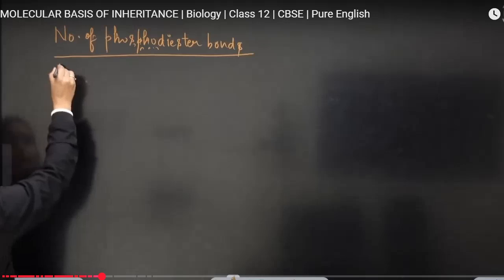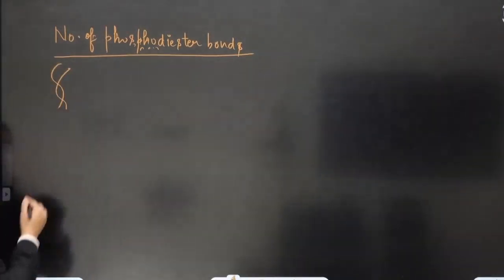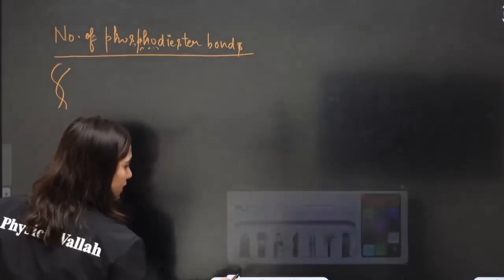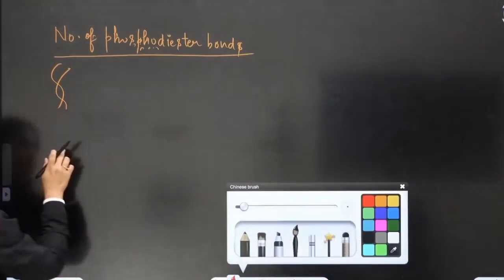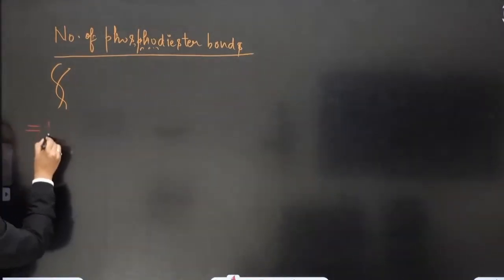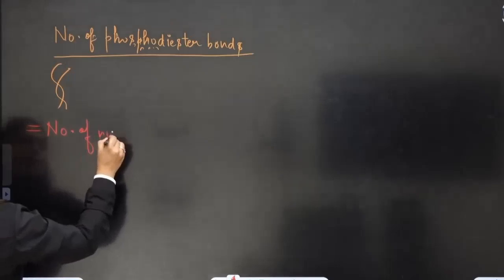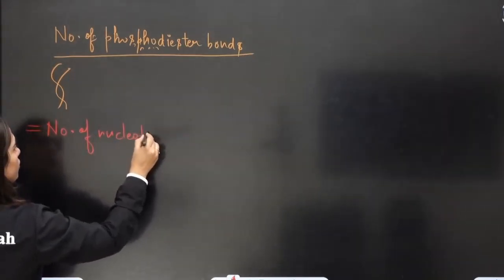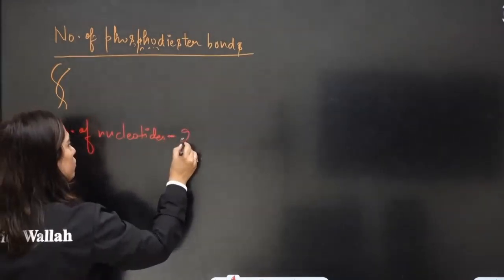In the double-stranded linear condition, beta, we will calculate the number of phosphodiester bonds by the formula: number of phosphodiester bonds will be equal to number of nucleotides minus 2.